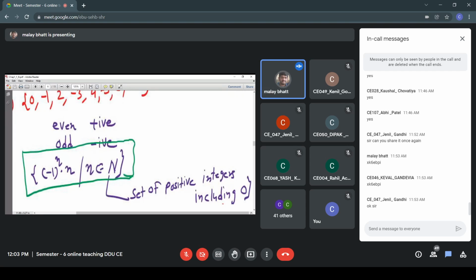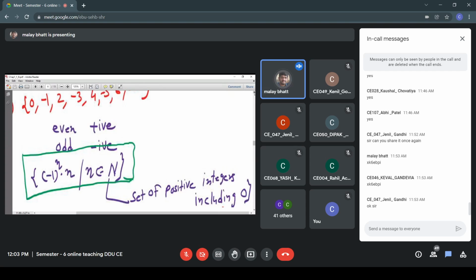Now when I take n equal to 0, 0 multiplied with any number will be 0, so we'll get the first element of the set. When I take n equal to 1, (-1)^1 gives you -1, into 1, so you'll get -1. Then when you take n equal to 2, (-1)^2 gives you 1, into 2, because n is 2, so you'll get 2, which is a positive number.